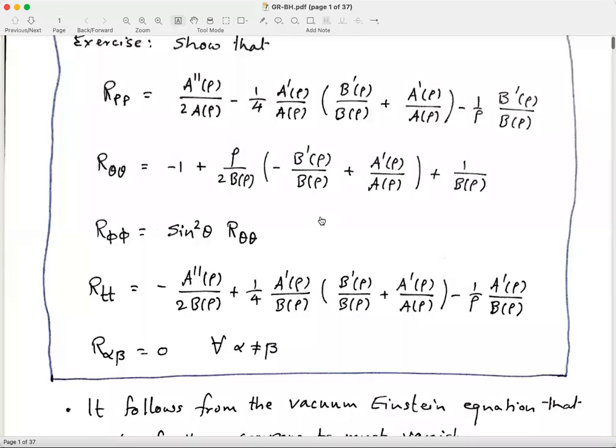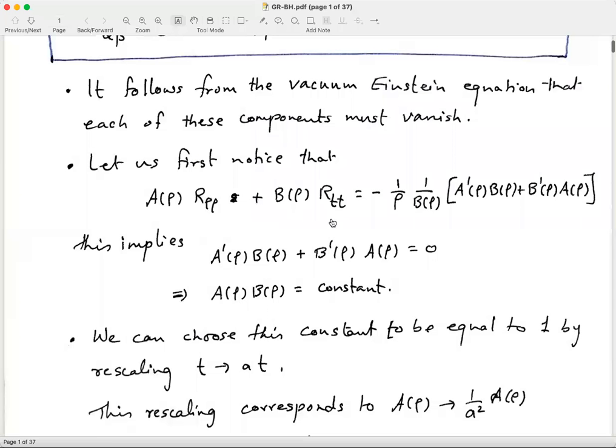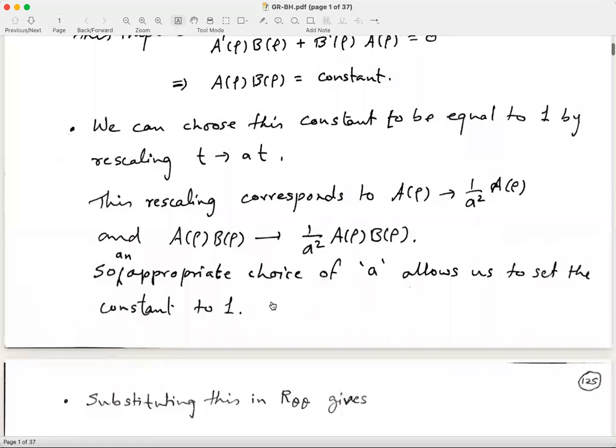What we did after that was to look at certain linear combinations of R rho rho and RTT to show that A of rho and B of rho are inverse of each other, and therefore, if we determine one function, we would determine the second using this relation.